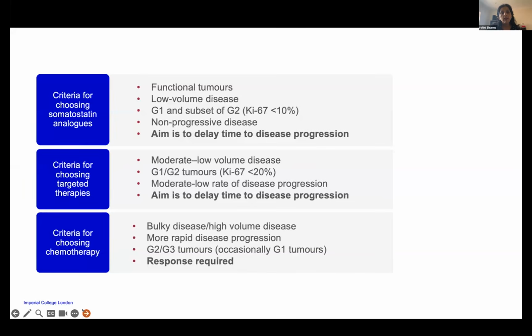When it comes to chemotherapy, you might select this for patients who have very bulky, high volume disease, who have got rapid progression. And the reason you want to pick this is you want response to treatment. So this is very broadly why you might choose these different agents. And I think this is really good to just keep in the back of your mind, particularly when you're looking at the ESMO treatment guidelines.